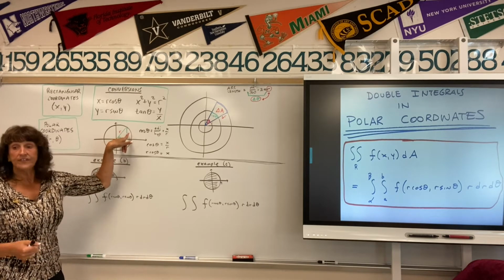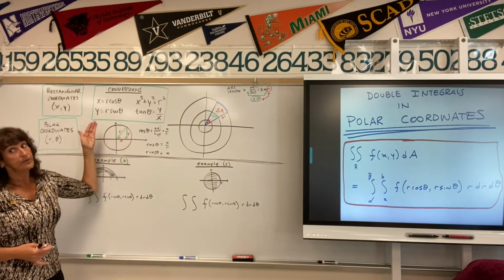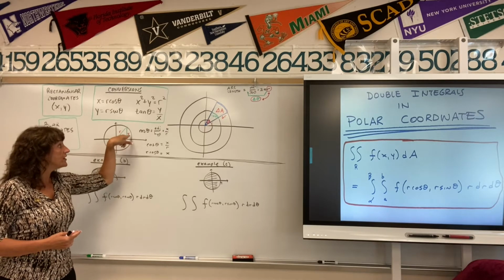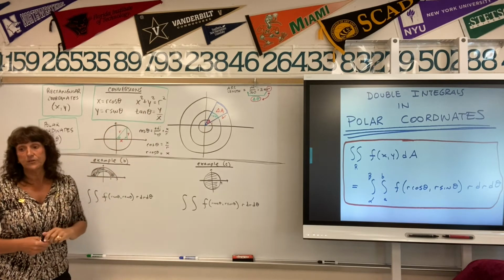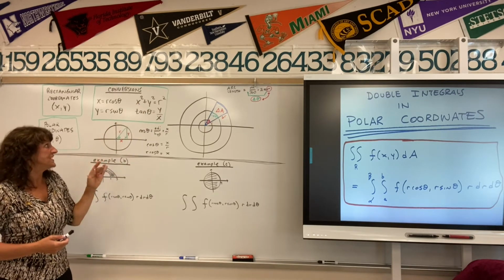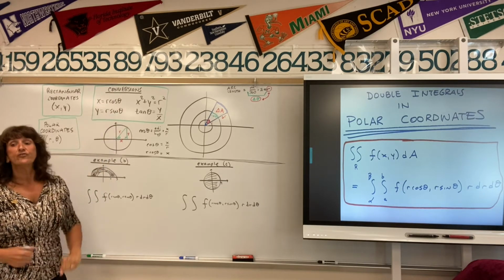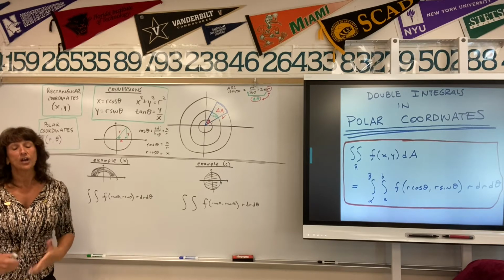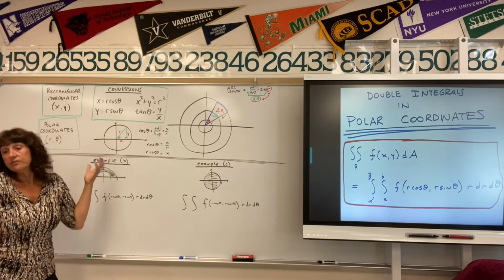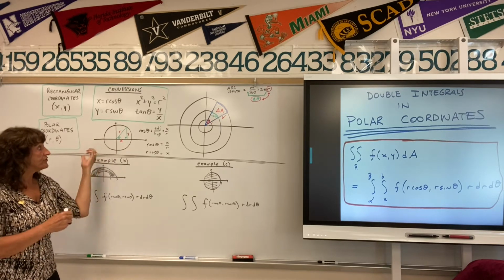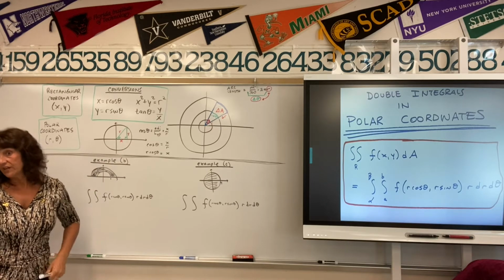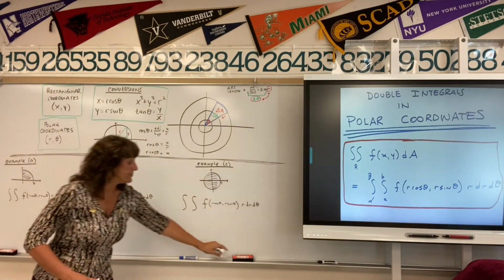The sum of the squares of the legs of a right triangle always equals hypotenuse squared, so x squared plus y squared equals r squared. And then your tangent function: tangent is the opposite side over the adjacent. So your conversions from rectangular to polar come from the relationships between the sides of the right triangle in your unit circle.